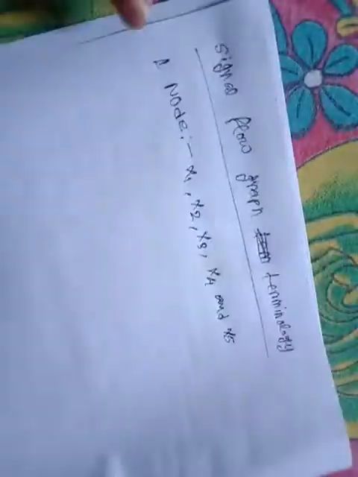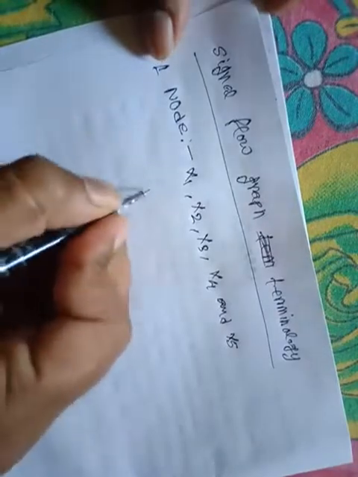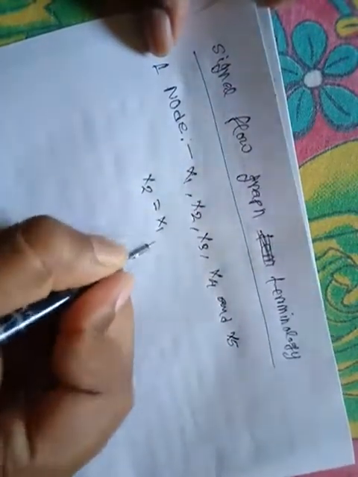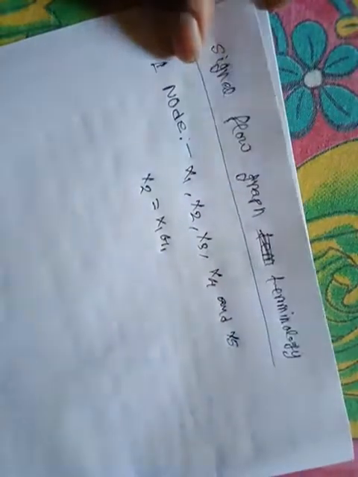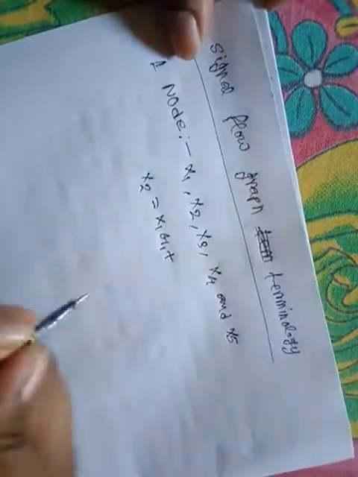Therefore x2 is equal to x1 into g1, plus x3 into h2. Here x1 is the input, x2 is the output.